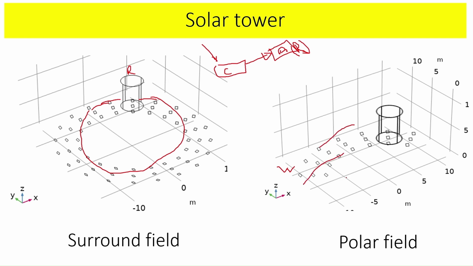There is no collector on this side, only on one side, and the sunlight comes and gets focused on the receiver. Here, the sunlight comes and gets focused on the receiver from all around, but there the sunlight gets focused only on one side of the receiver. We will see why and when we use this type of solar tower.